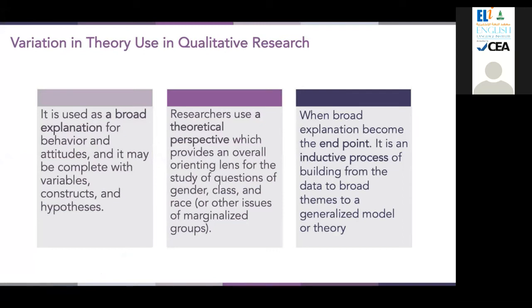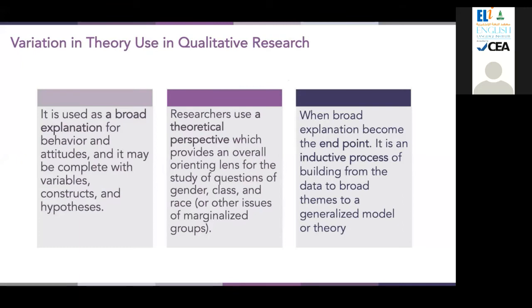Now, the variation in theory using qualitative research: because qualitative research is more exploratory in nature, we look at attitudes and behaviors, and we try to come up with patterns based on these observations.